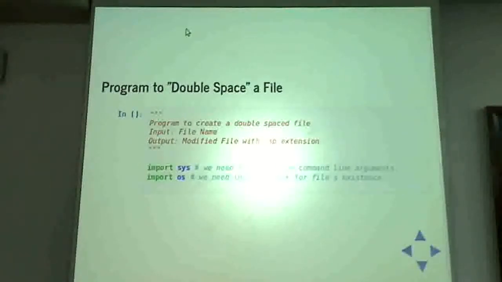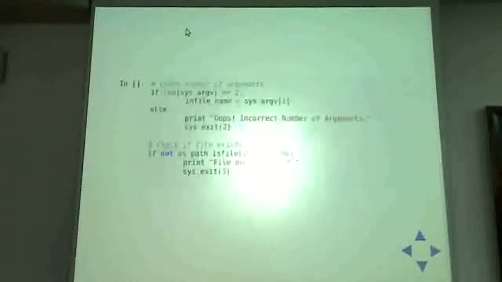Then we want to do a good job with our program, in the sense that we would like to check if the user has supplied a legitimate file to us. So we need a few functions that can verify whether the file exists where it's supposed to be. These functions will be taken from a module called os. That's why I start my program with two import statements, import sys and import os.